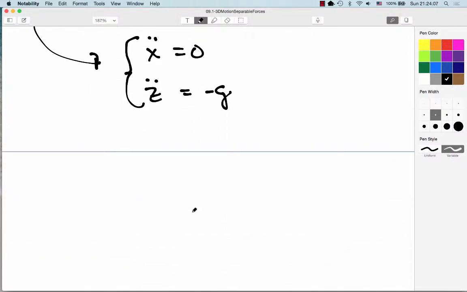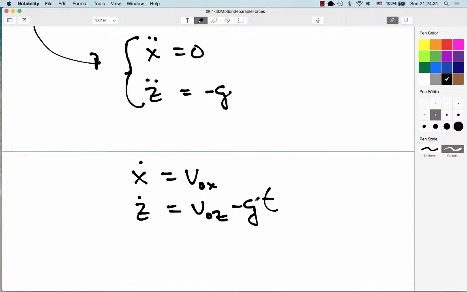We can go ahead and integrate each of those once. x dot is going to be a constant. Let's call it v naught x for the x component of the initial velocity. And z dot, when we integrate that, we're going to get minus gt plus a constant, and that constant we'll call v naught z, so v naught z minus gt.